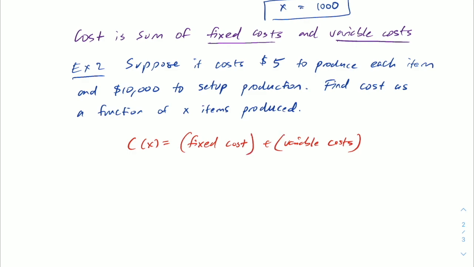The fixed costs are $10,000, and the variable costs are 5 per item, or 5 times x, where x is the number of items. So there's our cost function. Our cost function is 10,000 plus 5x.